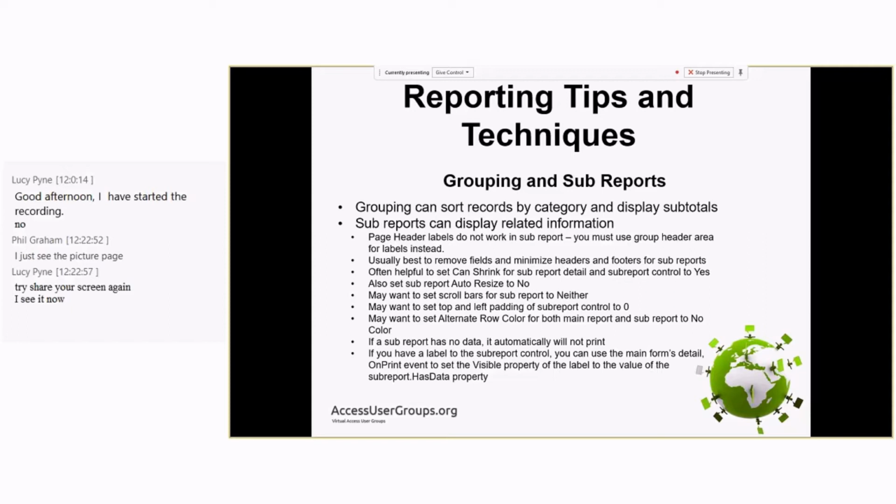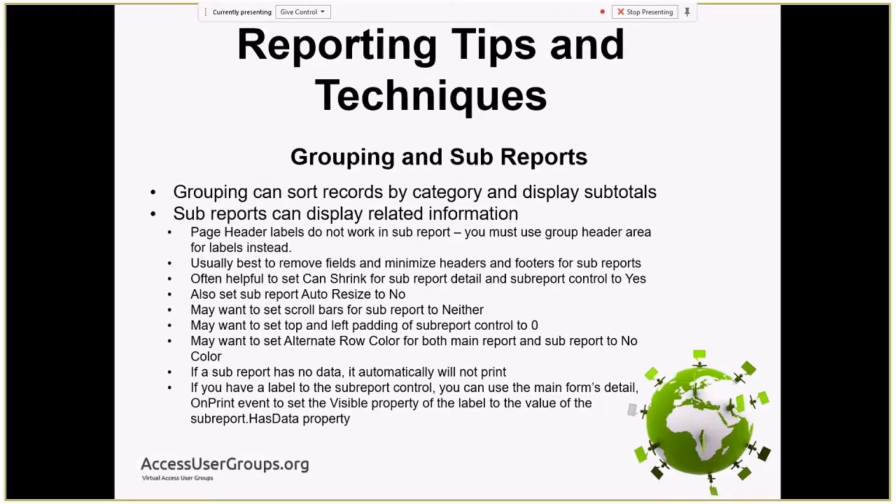It can be used in the header, but it can be a little bit more problematic. So if I'm using subtotals, I tend to use those in the group footers as opposed to the headers.